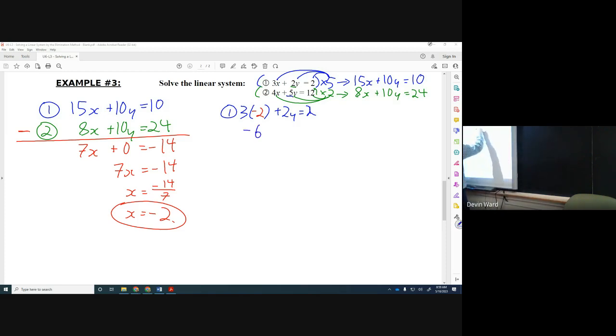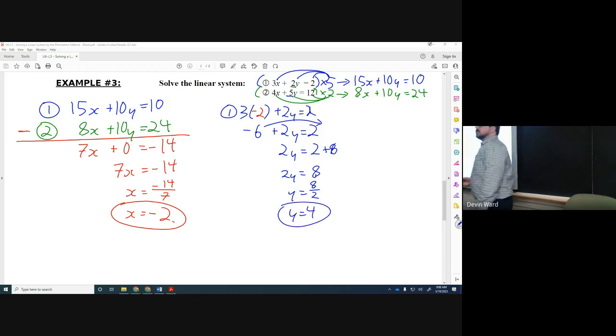So that would be negative 6 plus 2y equals 2. Bring over the negative 6, we get 2y equals 2 plus 6. So 2y equals 8. y will be equal to 8 over 2. So y equals 4.